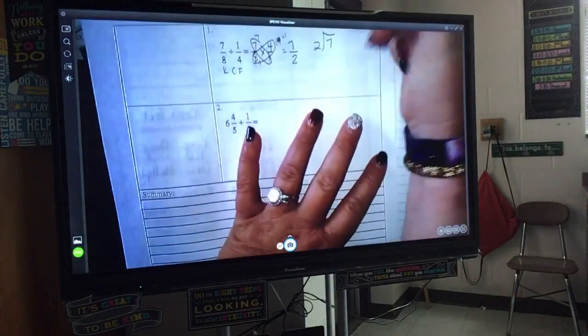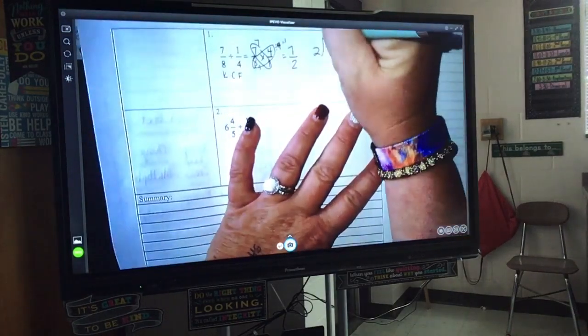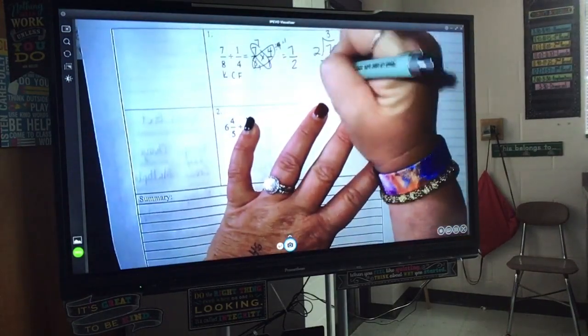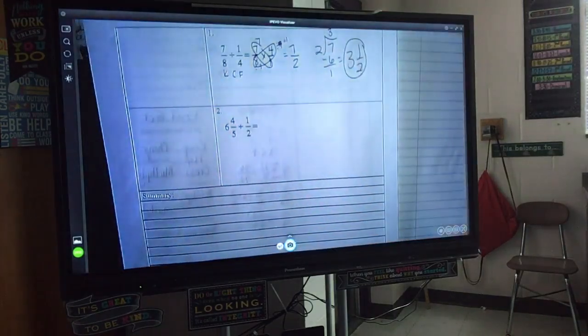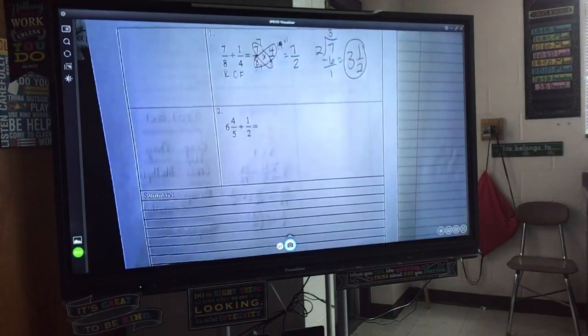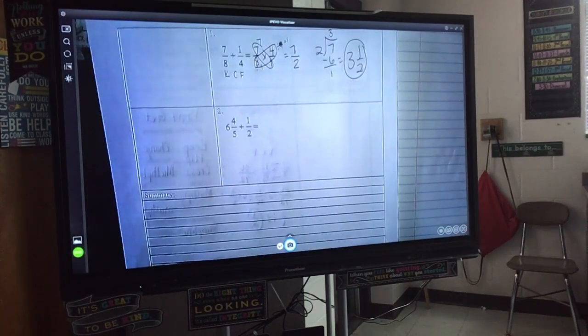All right, how many times does 2 go into 7? 3 times. So how many of you guys, regardless of the way that you did it, got 3 and a half as your answer? Perfect.